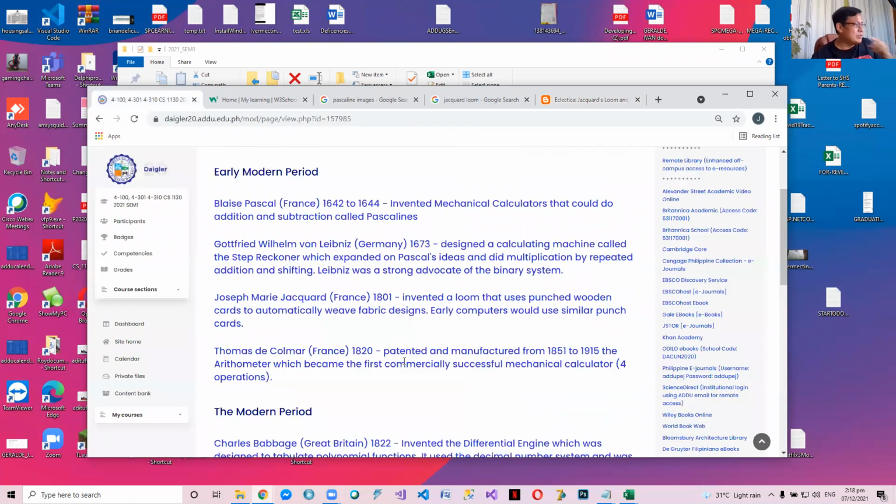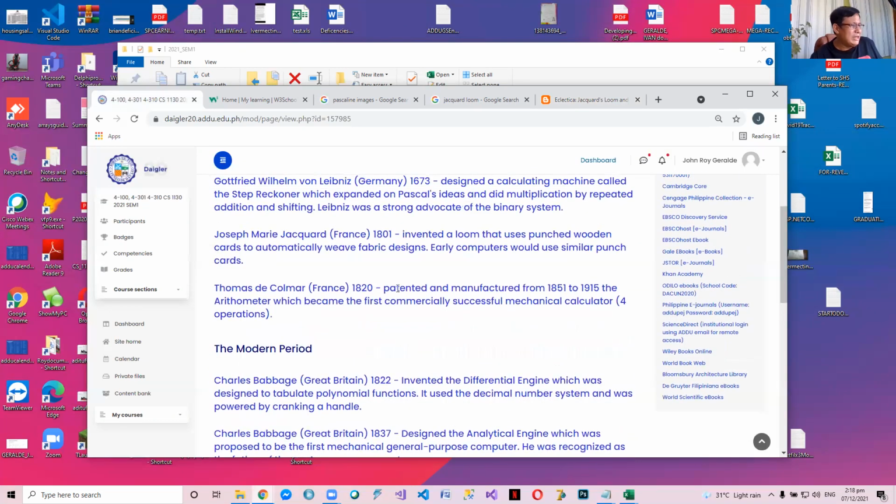Okay? So that was invented in 1801. It uses punched wooden cards to automatically weave fabric designs. Basically, it was used for design of fabric, but later used for recording data in punch cards instead of wood. 1820, so nagkaroon na tayo of the first mechanical calculator by Thomas de Colmar from France. 1851 to 1915, it's called the arithmometer.